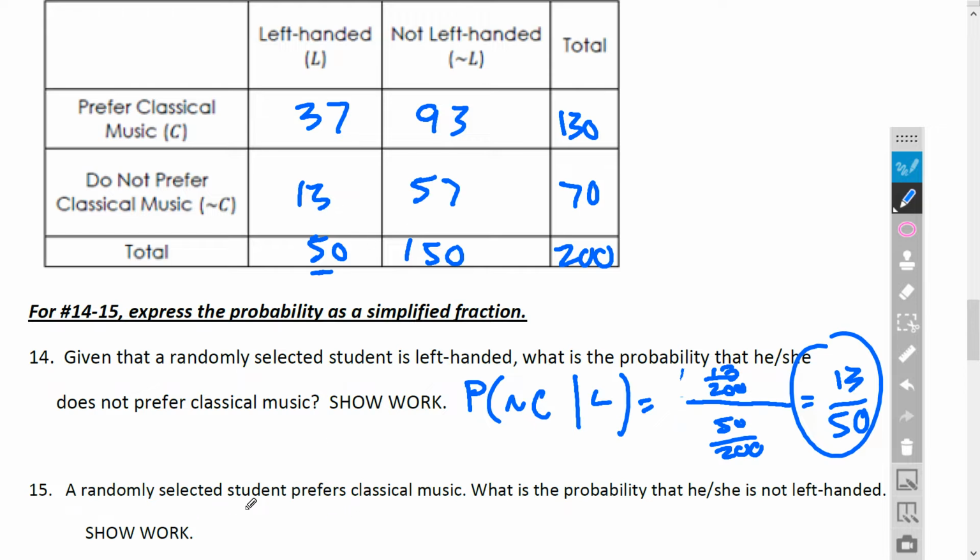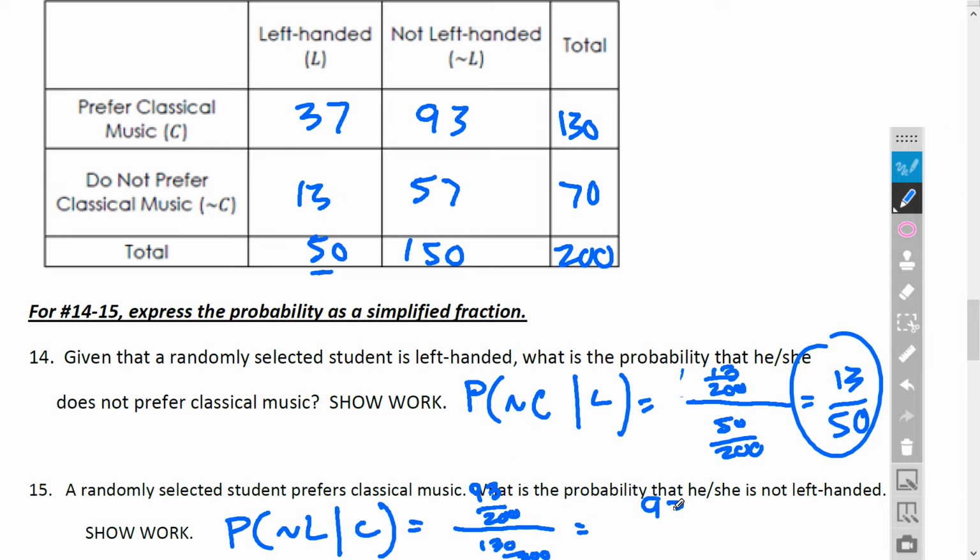A randomly selected student prefers classical music. So we are given that they prefer classical music. What is the probability that he or she is not left-handed? So not left-handed, given they prefer classical music. So in the numerator, we need the probability of not left-handed and classical. So not left-handed and classical, that's 93 over 200. In the denominator, the probability of just classical, so 130 over 200.